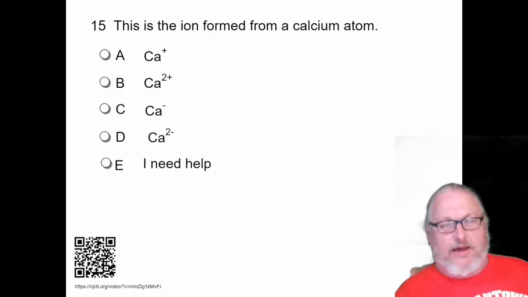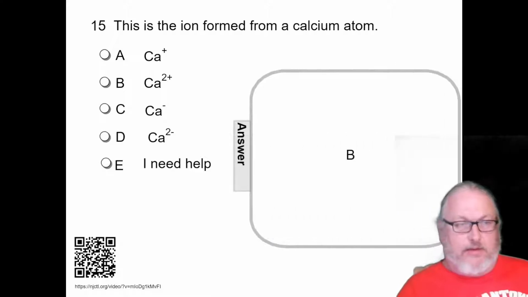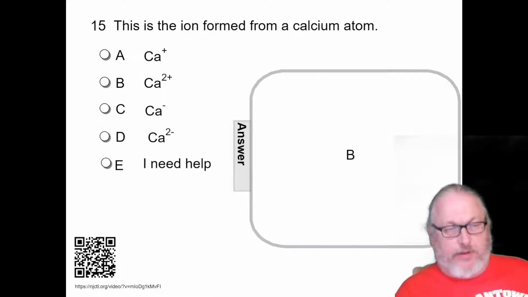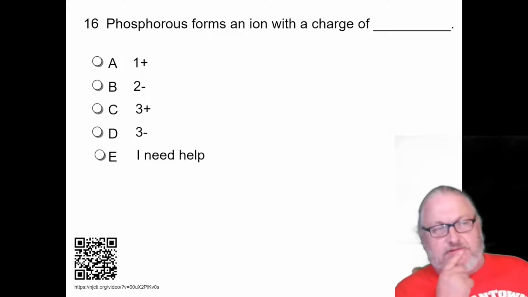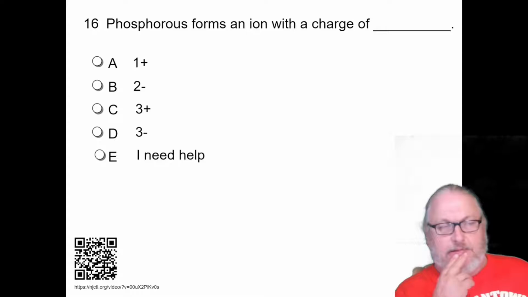Which is the ion formed from a calcium ion? Look at the group number, think about it, and come back. And of course, that's going to be Ca2+, cation. Phosphorus forms an ion with a charge of what? Look at the periodic table. What group is it in?